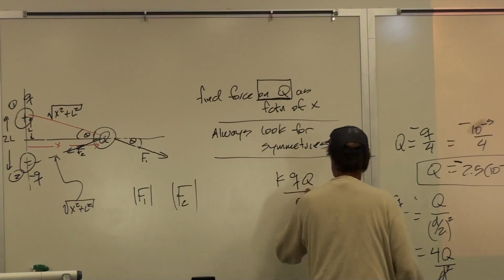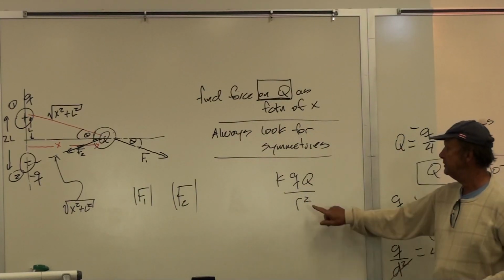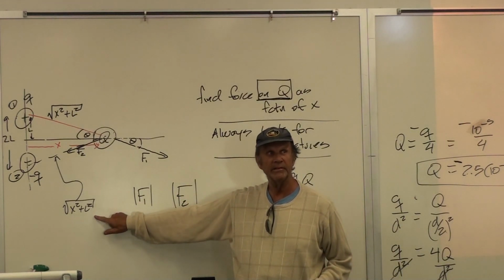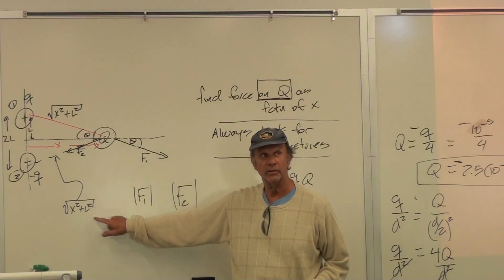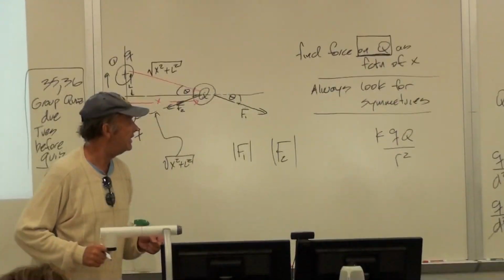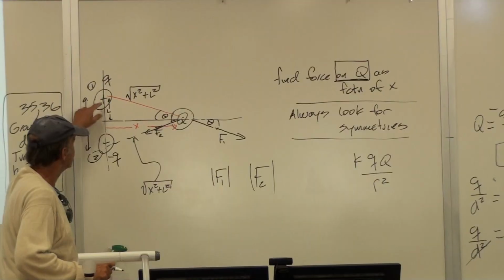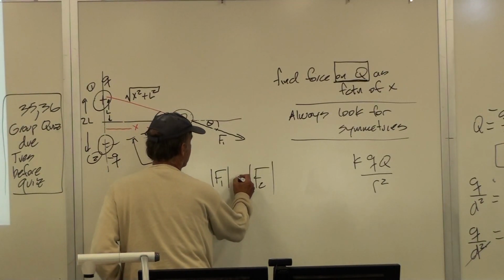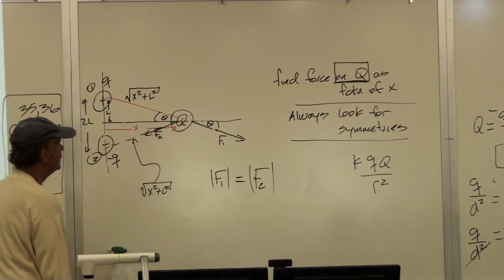So little q and big Q have the same magnitude. The distance is the same. So they must have the same length. So that's the symmetry in this problem. The symmetry is that because the distances and the charges are the same, the magnitudes of the forces are the same. So the magnitudes are equal.